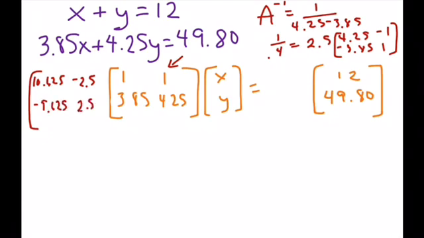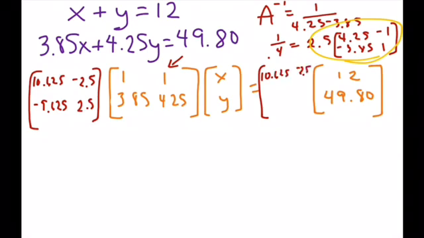All I did was multiply that 2.5 times the matrix. So I'm going to take this inverse and put it in here as well: 10.625, negative 2.5, negative 9.625, and 2.5. A little squished right there.